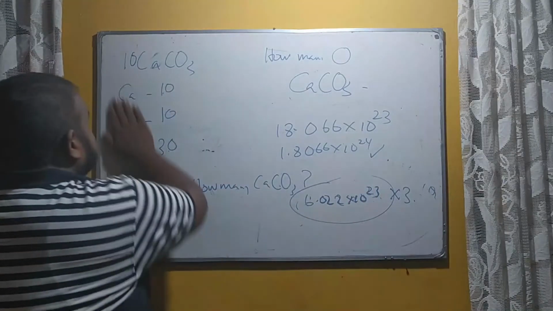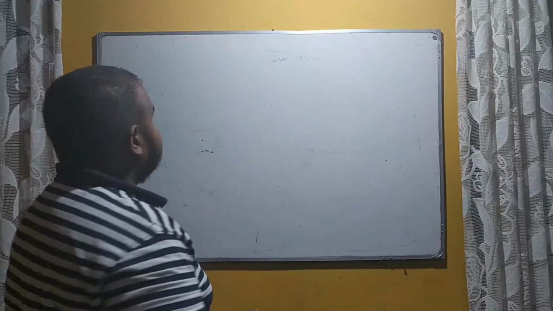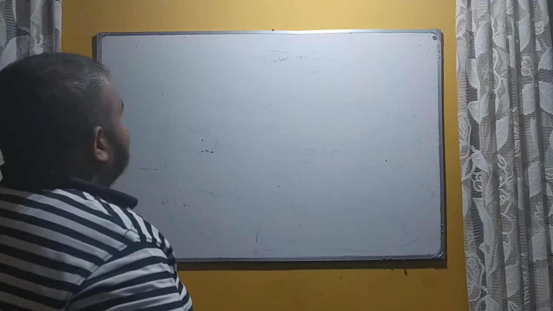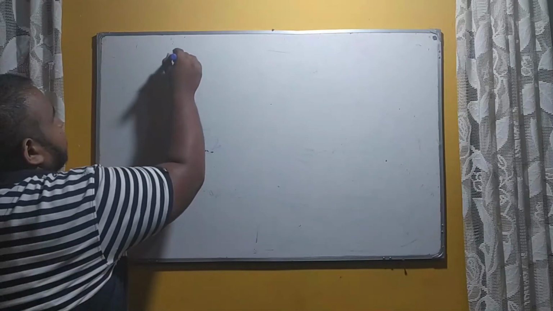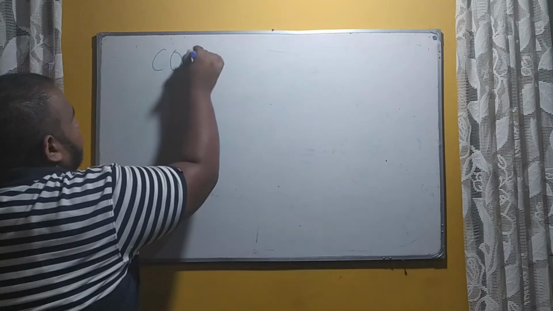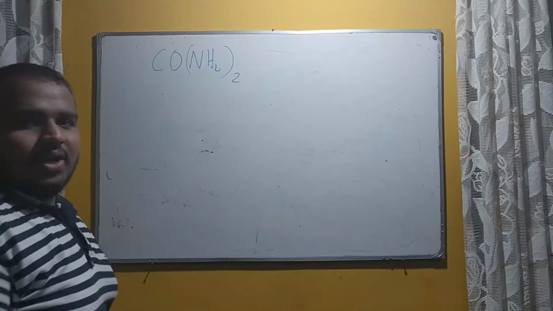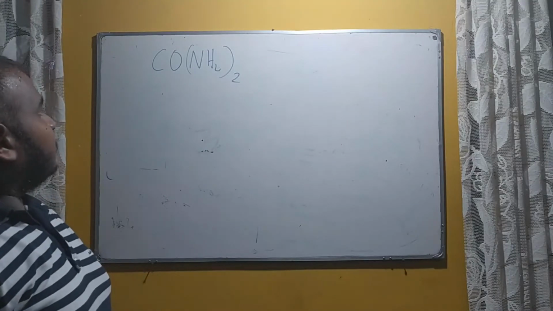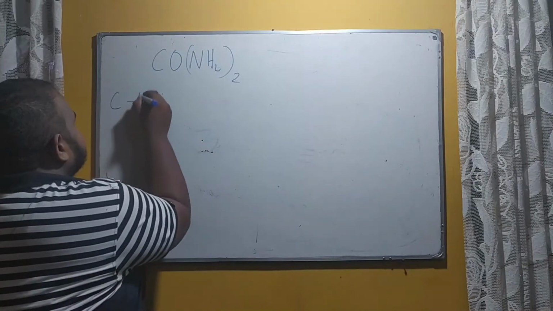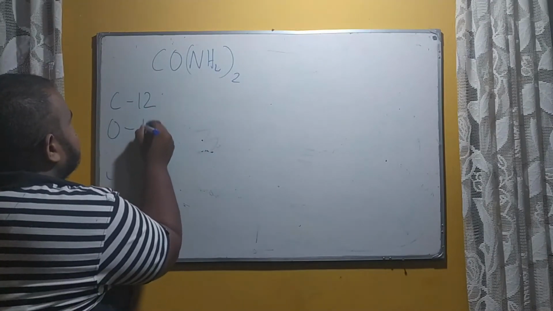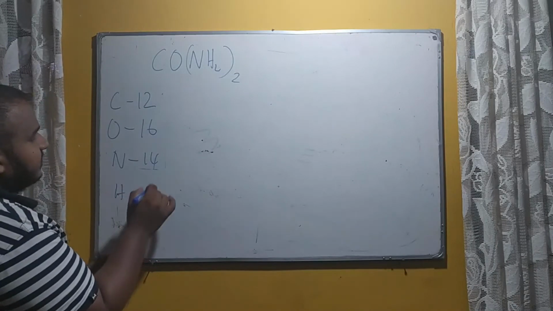Let's do another example. This was a question in the 2016 government model paper. Let's consider a case like this. Urea, CON2H4, we call it urea. The carbon is 12, oxygen 16, nitrogen 14, hydrogen it is 1.